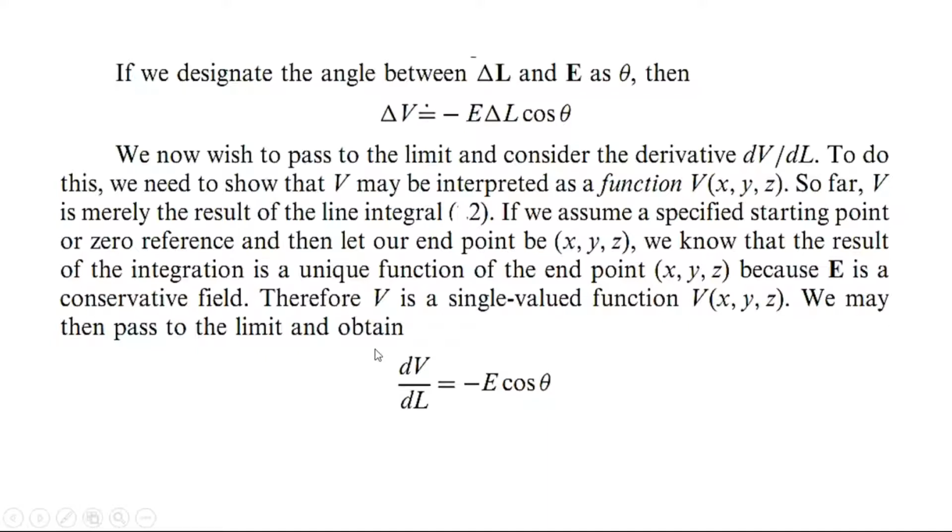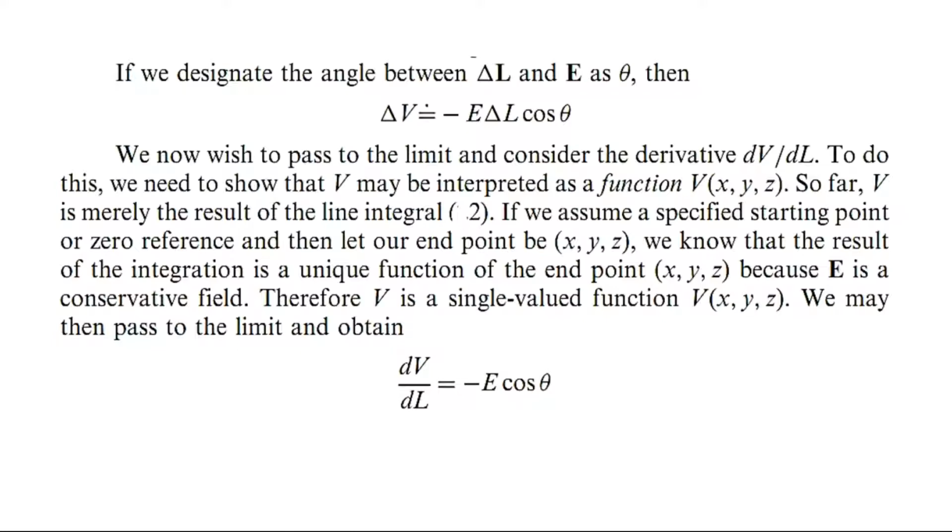We may then pass to the limit and obtain dV by dL is equal to minus E cos of theta. Actually, this dV by dL shows the change in V along the x, y and z direction.